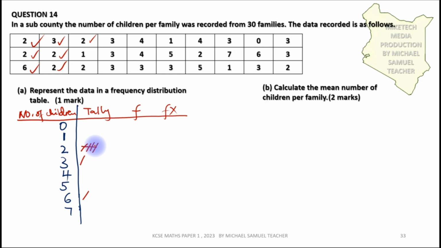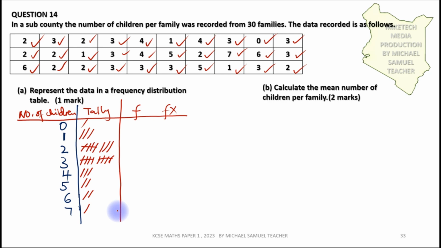There's another 2, tick, 1, tick, 2, a tick, 3 times, then 4 times, then we have 3, another tick, 1, a tick, 5, a tick, 3, a tick, 4, a tick, 2, a tick, 5, a tick, 3, a tick, 7, a tick, 1, a tick, 0, a tick, 6, a tick, 3, a tick, 3, a tick, another 3, a tick, then lastly 2, tick.